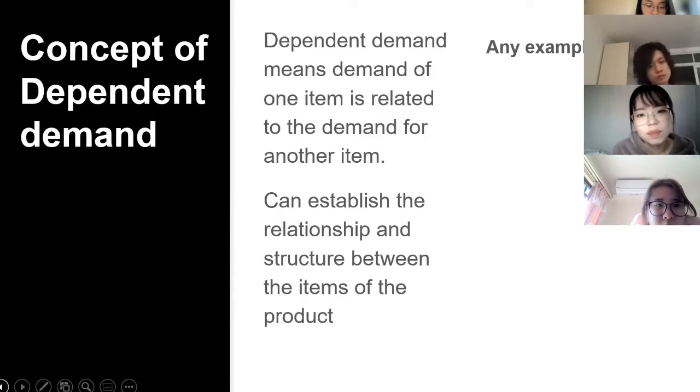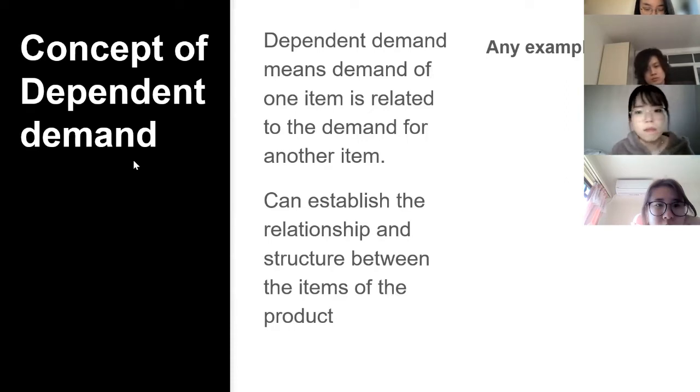So the dependent is like this. If I want to produce 100 cars, how many tires do I need to order? 400. Yes, if I need 100 cars, you need 400 tires to be ordered. So that is dependent demand. That is what we mean by dependent.